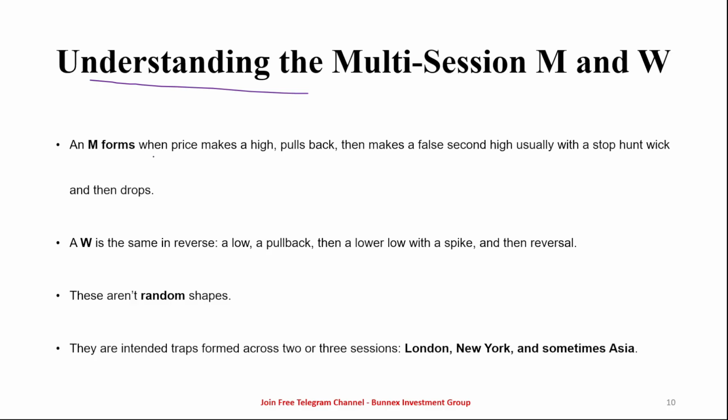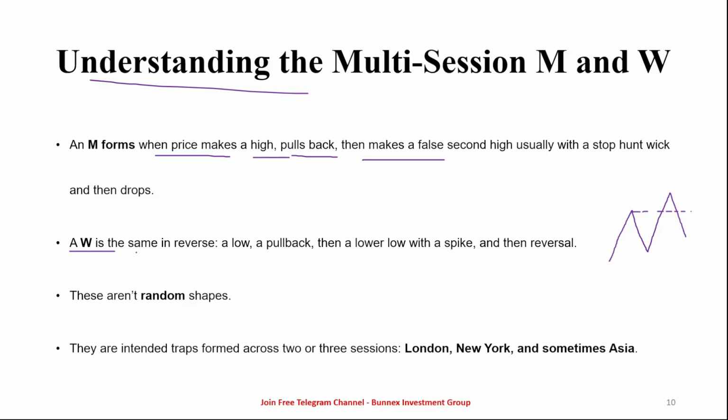An M forms when price makes a high, pulls back, then makes a false second high, usually with a stop hunt wick, and then drops. So what we are saying here is usually the market will create what we call a trap above the first leg level like this.